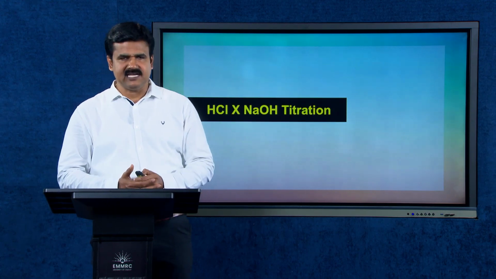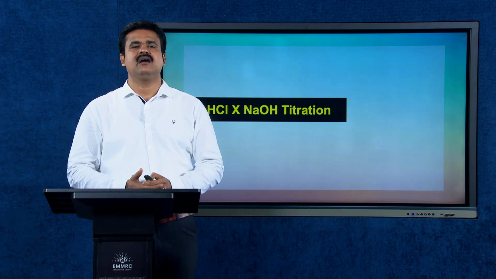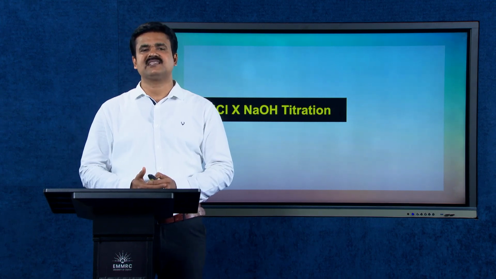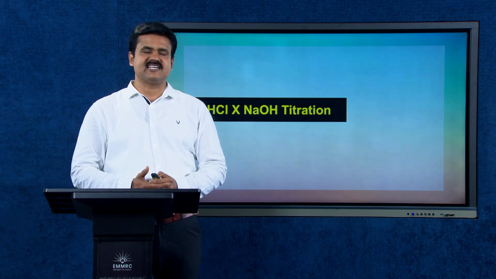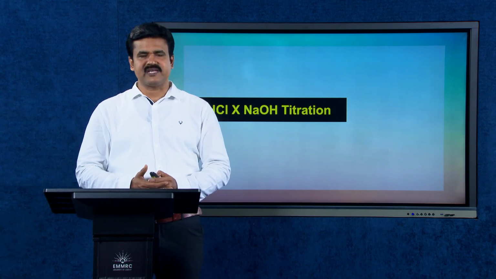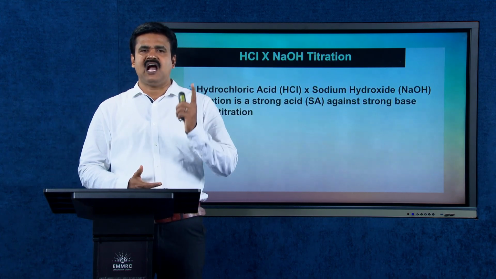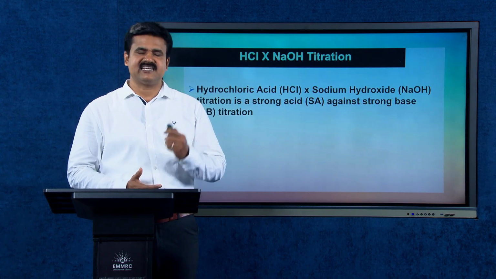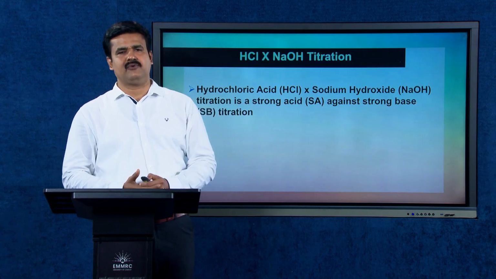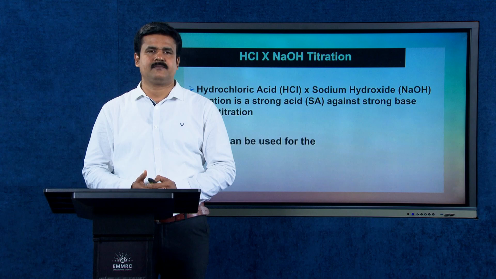Now we can take our present experiment, that is HCl against sodium hydroxide titration. We are going to perform the titration reaction between hydrochloric acid and sodium hydroxide. Hydrochloric acid HCl against sodium hydroxide titration is a typical example for a strong acid against strong base titration.